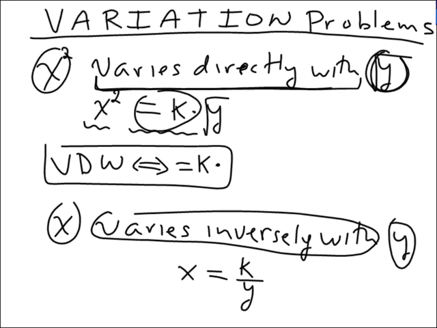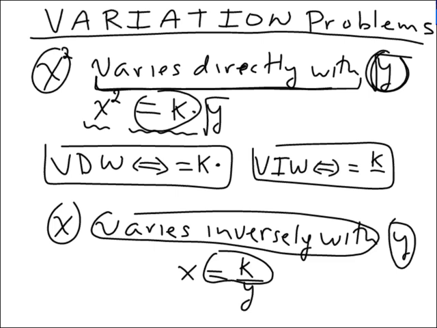Varies inversely with means equals k over. And if you have that down nicely, these problems are pretty straightforward.